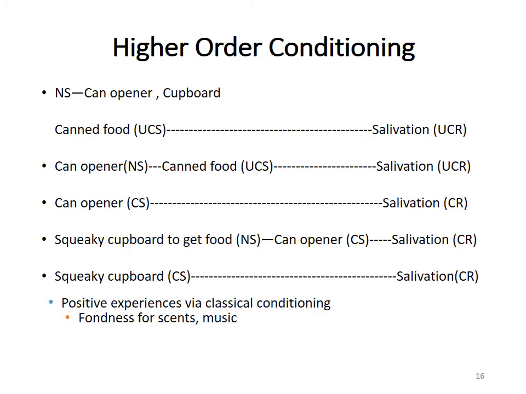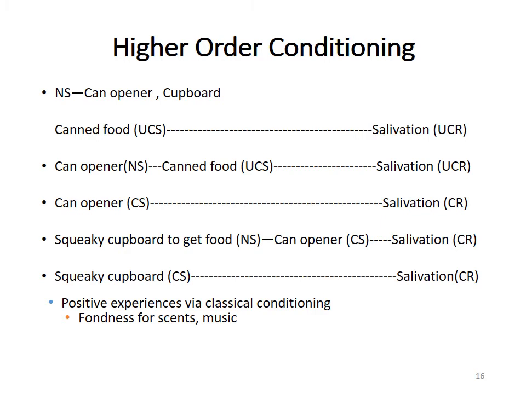So, for example, if I have a very hungry cat that I need to feed, I open a cupboard that has a little squeak, and then I use a can opener to open the canned food, and then I give the food to the cat. So when we start off with this process, the can opener and the cupboard are our neutral stimuli. Initially, they do not produce any response in the cat. There's no association starting off between those items and food for the cat.